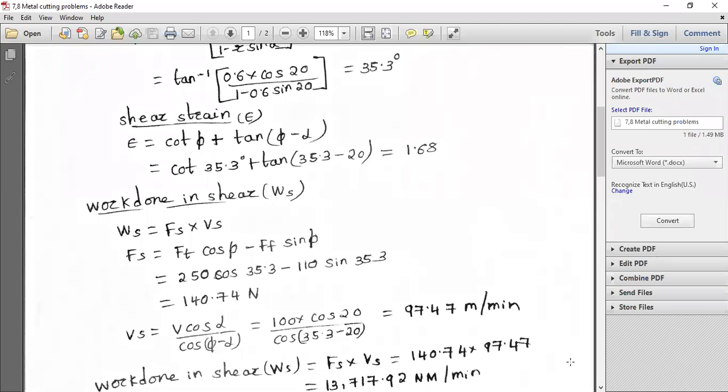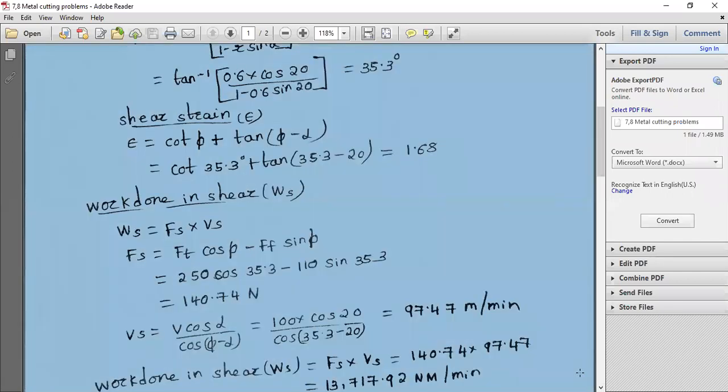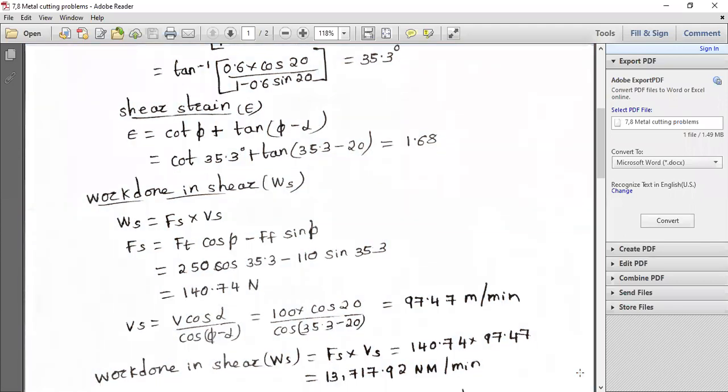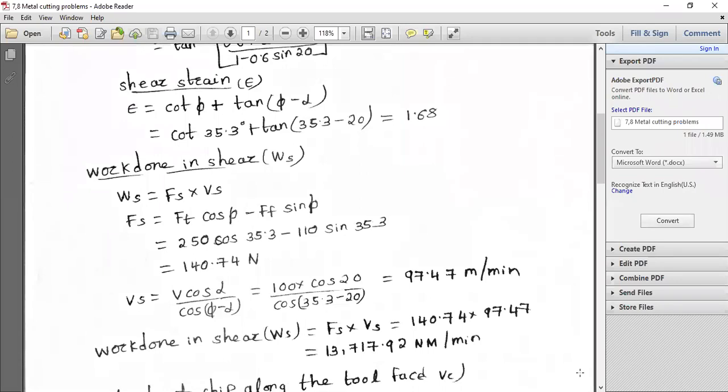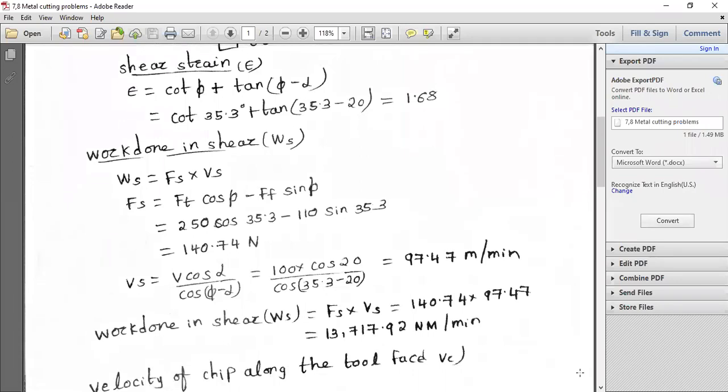So what is work done? Work done is Fs into Vs. You just take the product of Fs into Vs here and solve the problem. That is the work done in shear, Fs into Vs. So it is Newton meter per minute. You have to be conscious about the units also.